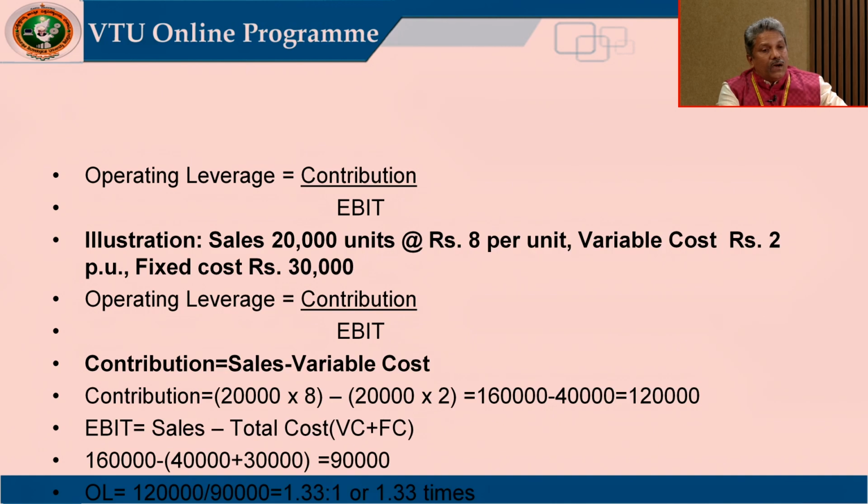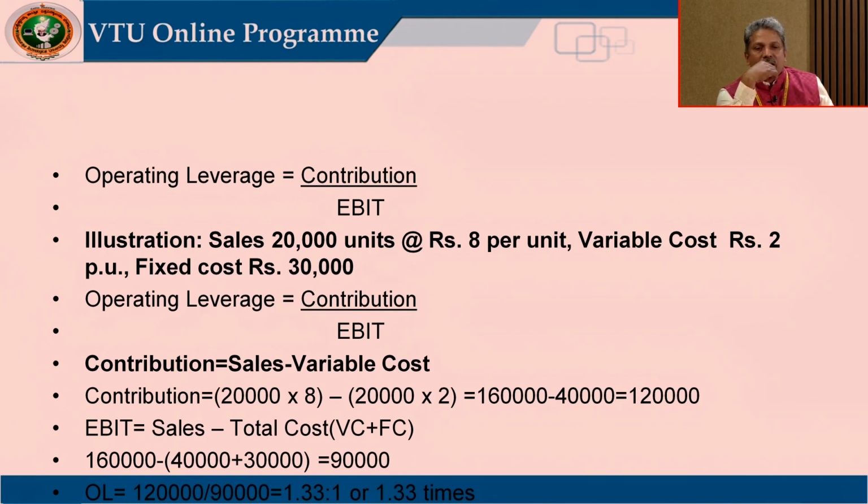Now, EBIT, earnings before interest and tax, is equal to sales minus total cost. EBIT or operating profit is equal to sales minus total cost. What does the total cost comprise of? Total cost comprises of variable cost plus fixed cost.